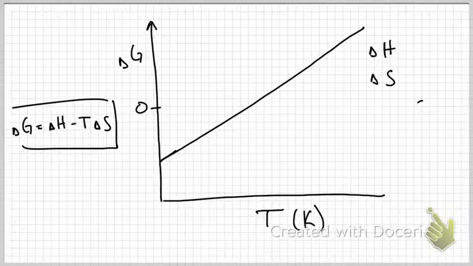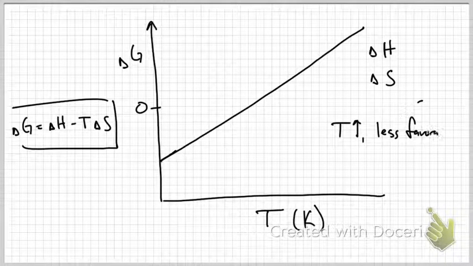As it gets warmer, does this become more or less favorable? So as T goes up, we get less favorable. So then, what does that mean? What does that mean about our signs?